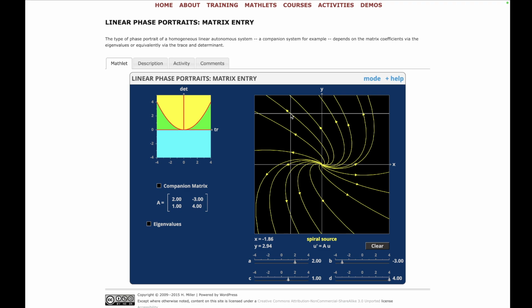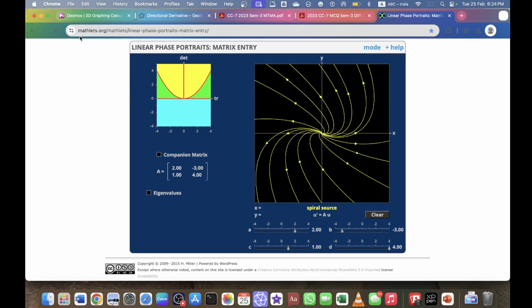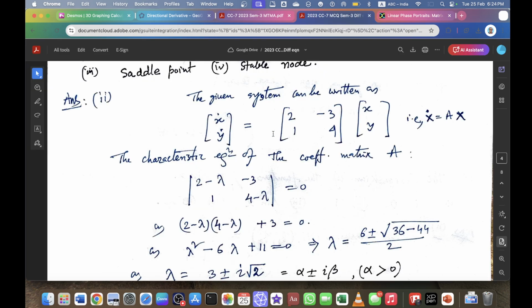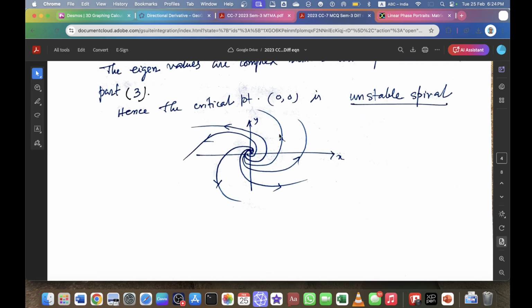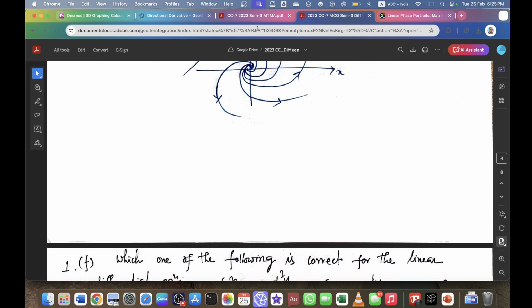You can draw any phase portrait from this website, mathlets.org/mathlets/linear-phase-portrait-matrix-entry. Unstable spiral.